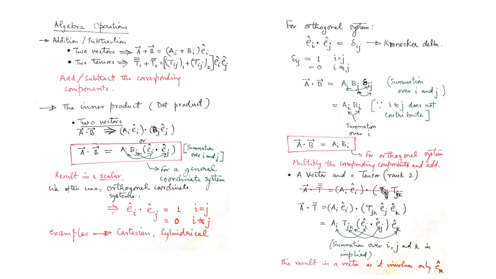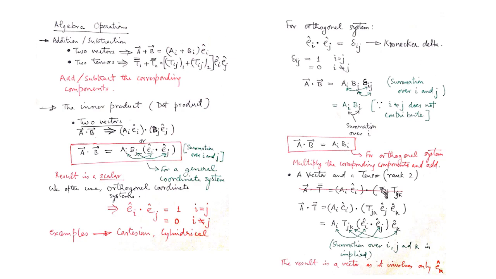Now this is a result which you are aware of, because you have been trained to deal with orthogonal coordinate systems only. So that's why this is a special case for orthogonal coordinate systems. What we are essentially doing, the rule is, multiply the corresponding components and add. Why add? Because i is a repeating index, so you have to add them.